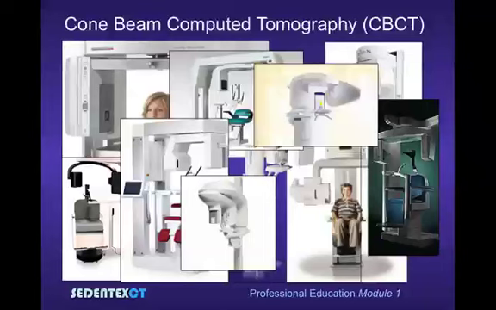Today, however, a new technology has appeared called cone beam computed tomography that offers us three-dimensional imaging in the dental practice. You only have to open a dental magazine or attend a trade exhibition at a conference to know that there are a multitude of CBCT equipment around on the market. This is the subject of this training module.